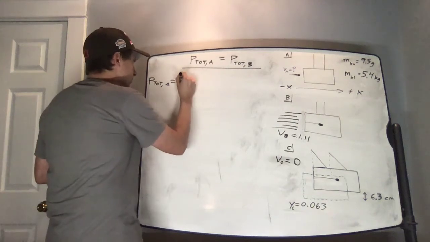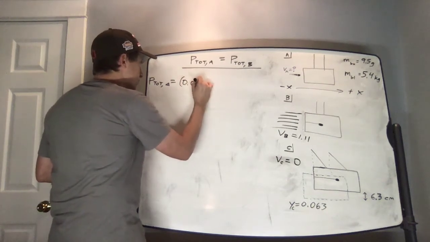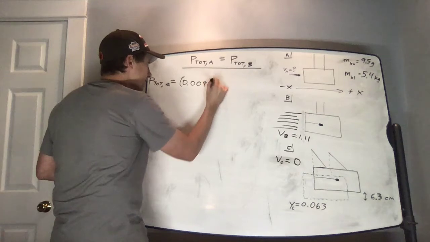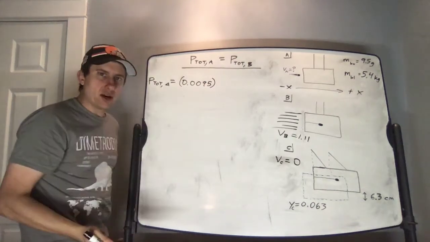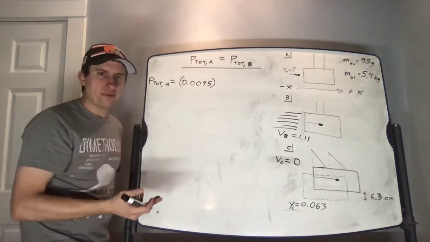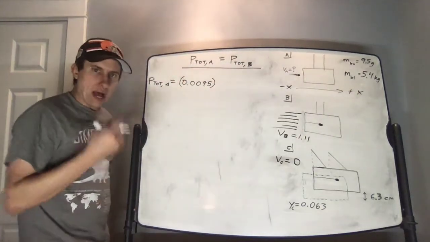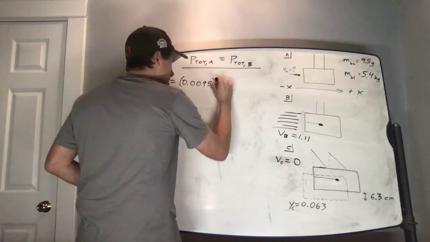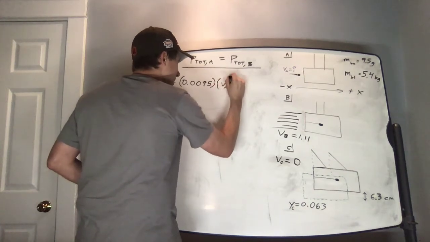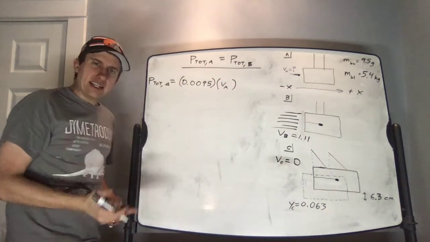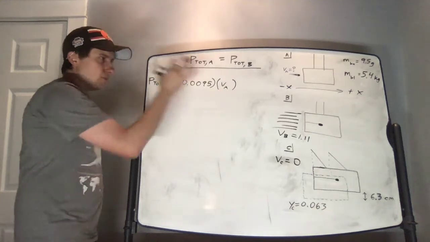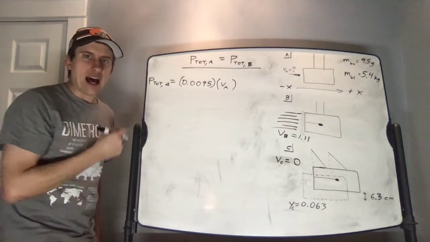So the mass of the bullet is 0.0095 kilogram. And the velocity of the bullet is what we're trying to find. The bullet is moving in the positive x direction, so I'll write the velocity of the bullet as positive VA.